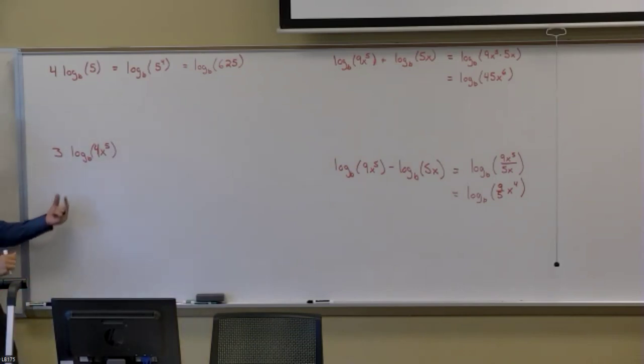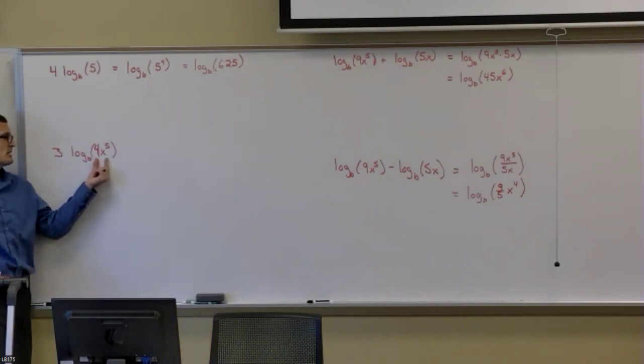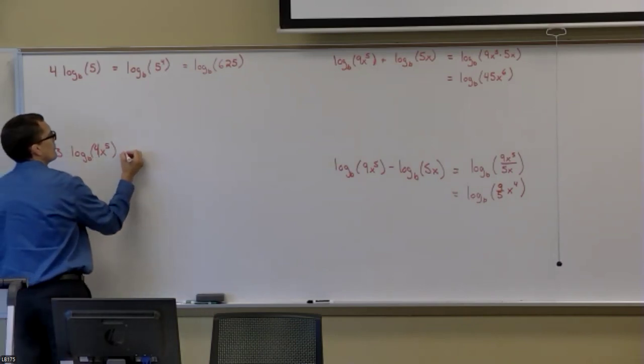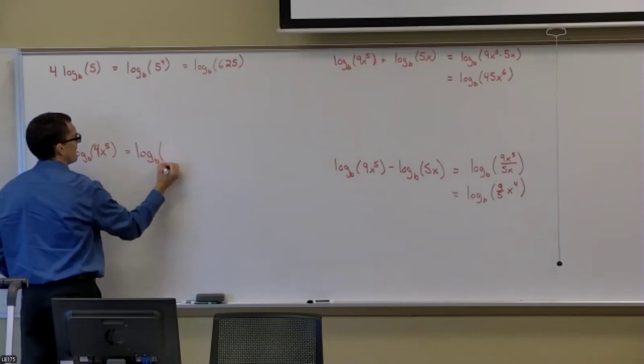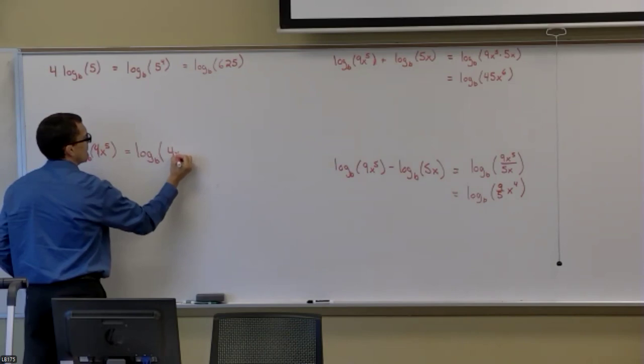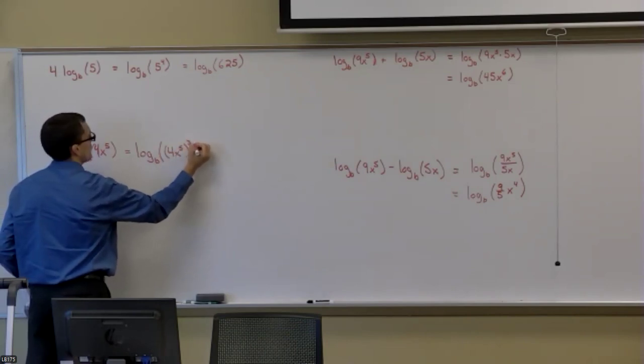Now, be careful when you do that with an expression like 4x to the 5th. When we do log base b, we have to take 4x to the 5th and raise the whole thing to the 3rd power.